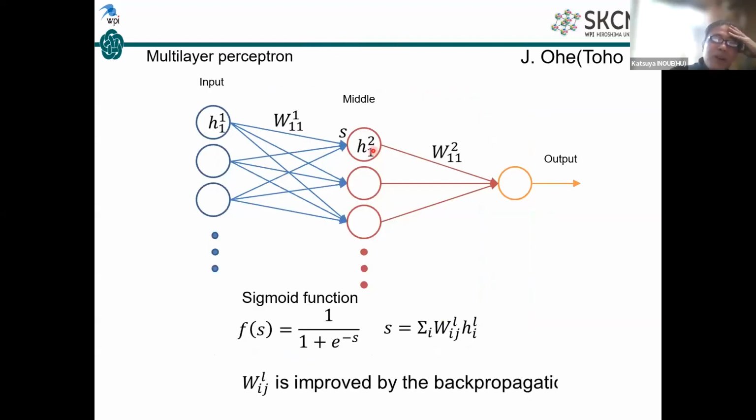Then we extended to more deep learning using a multi-layer system. Here is the input of the snapshot, and we get the space group here. We have some layers using some coefficients of the equation.